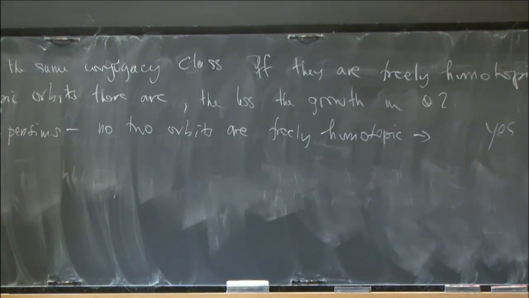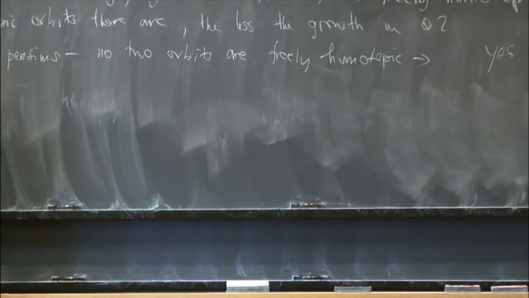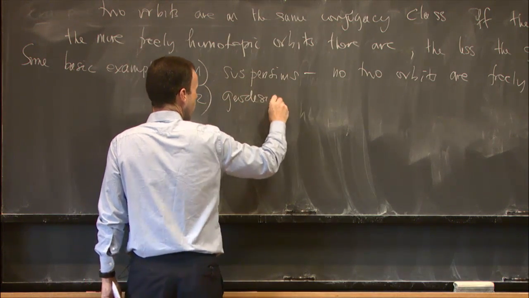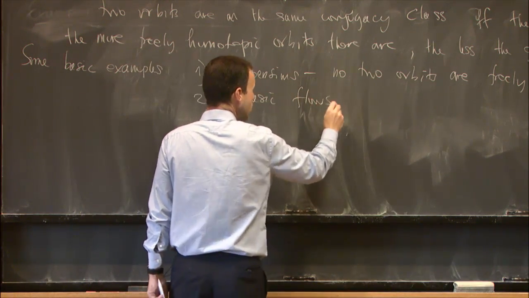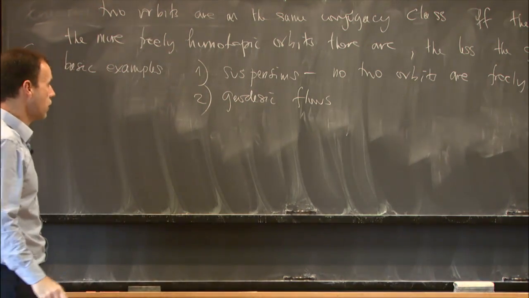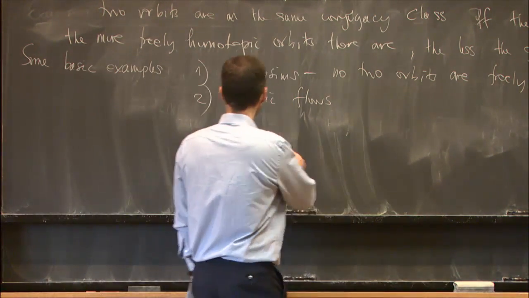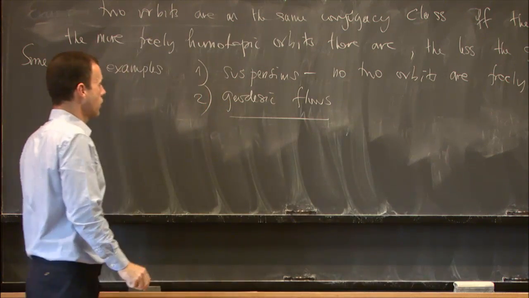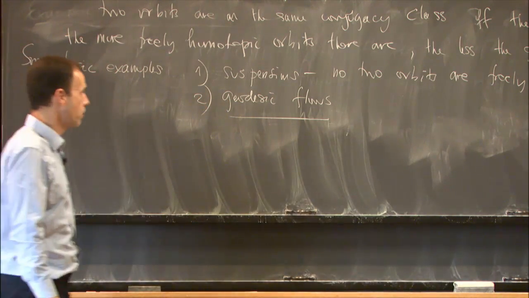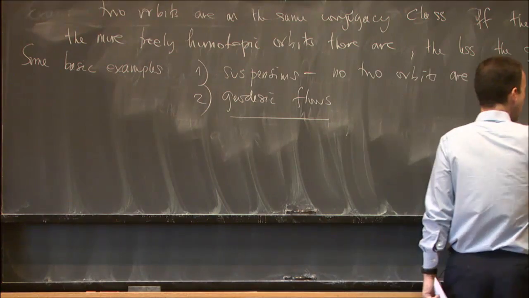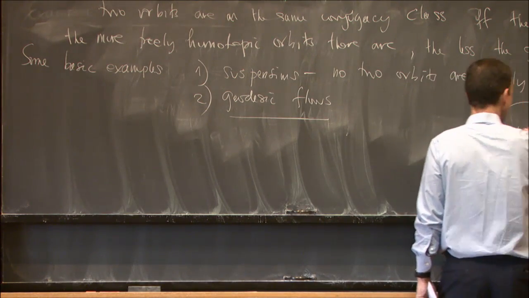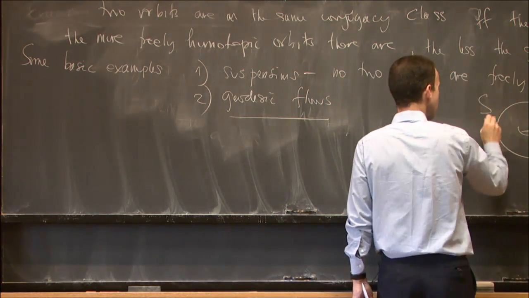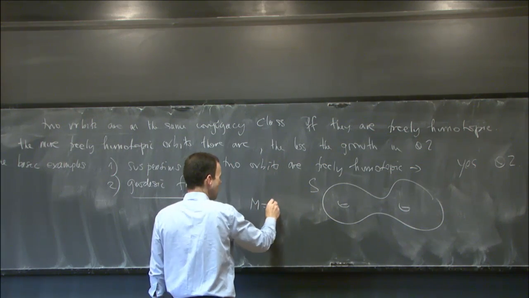So then what about geodesic flows? So here we start seeing some freely homotopic orbits. I'm going to use the geodesic flows a few times in this talk. And I'll keep going back between the surface and the three manifold.